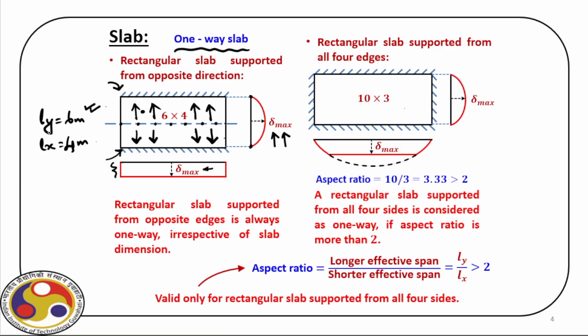Now, if you look at the ratio of this Ly and Lx, so we have 6 by 4, which is 1.5, which is less than 2.